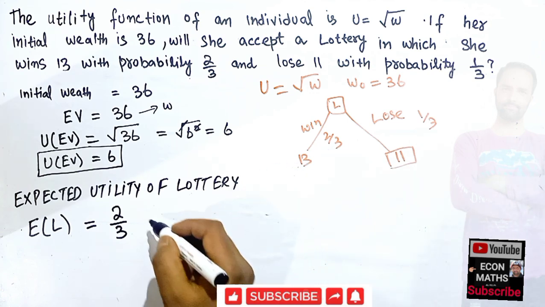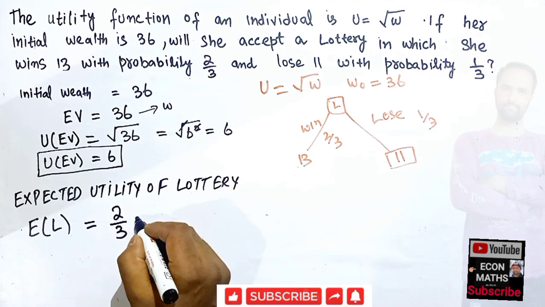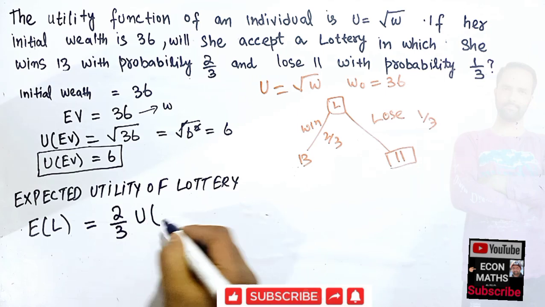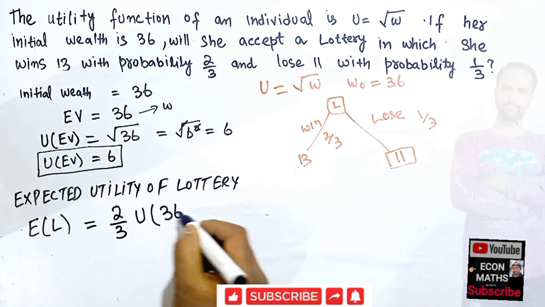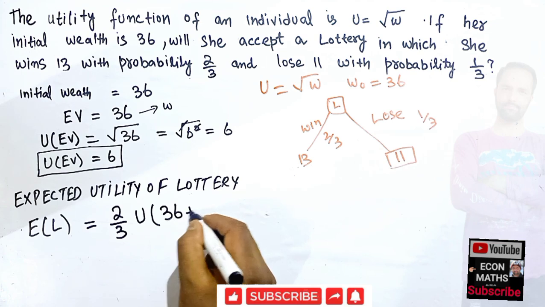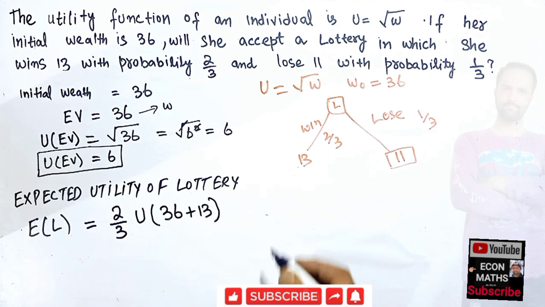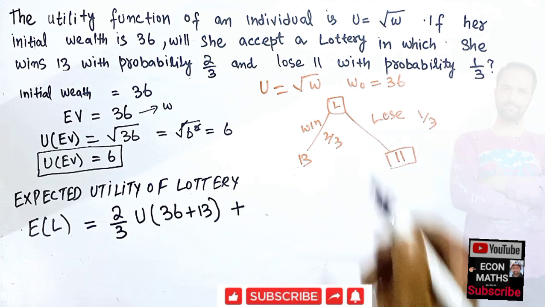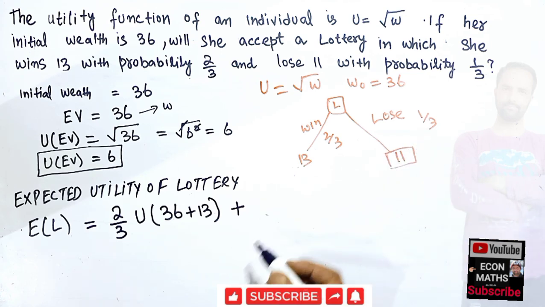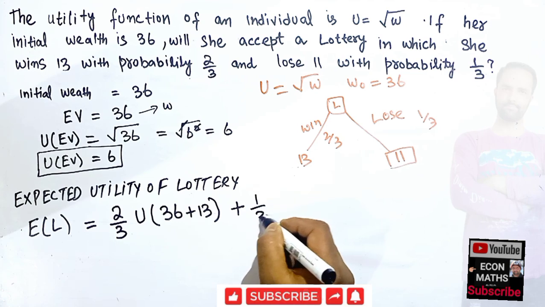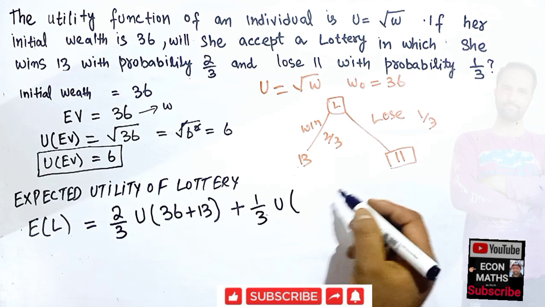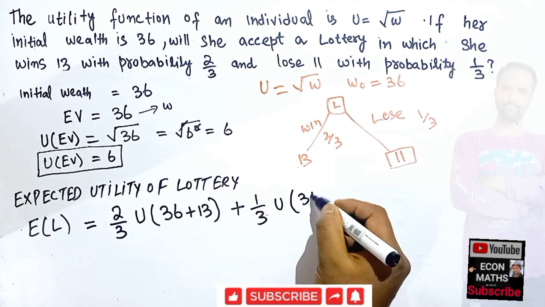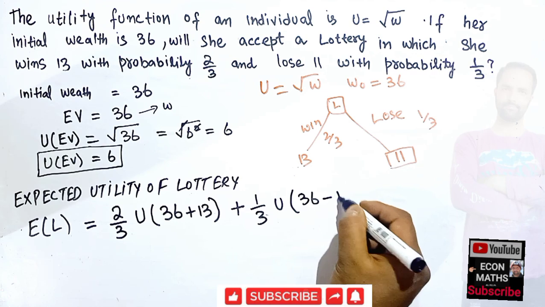In this case we have the utility of the initial value, 36, plus the 13 she wins. Also there is a chance that she will lose 11 rupees, so the probability of losing is 1/3. Her wealth in this case is the initial 36 minus 11.